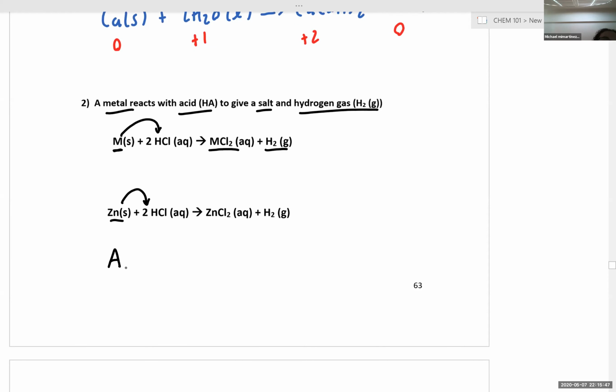So what would we expect the products to be if we take aluminum solid and we treat it with hydrochloric acid? If aluminum is displacing hydrogen, what products would we expect to observe?